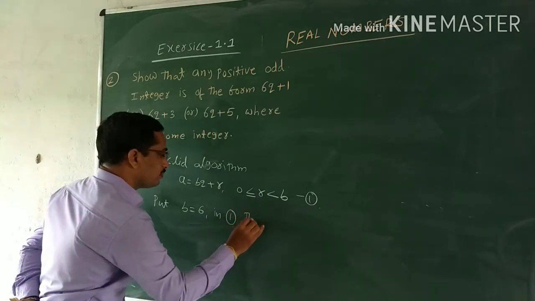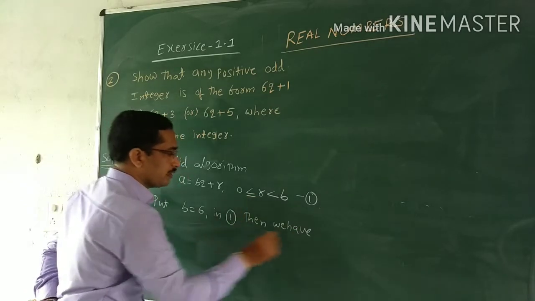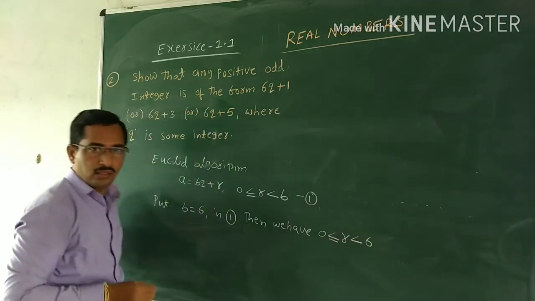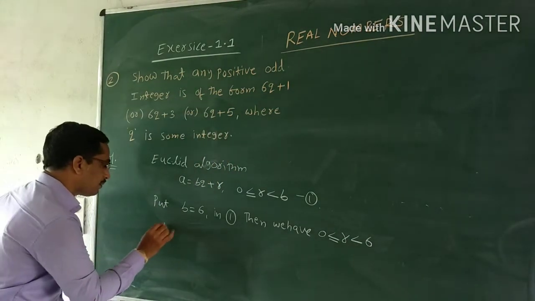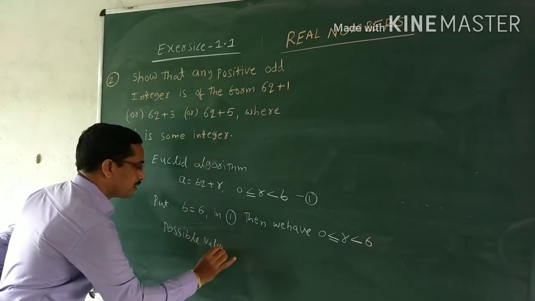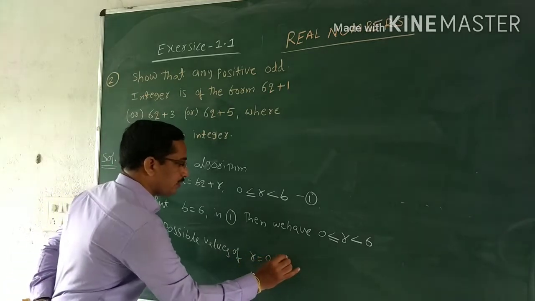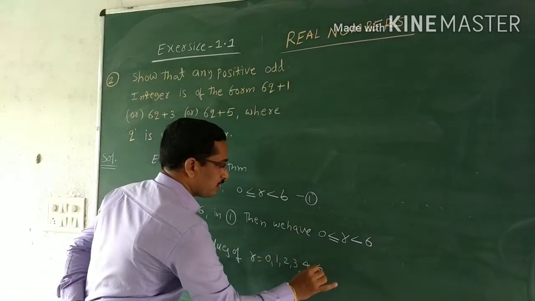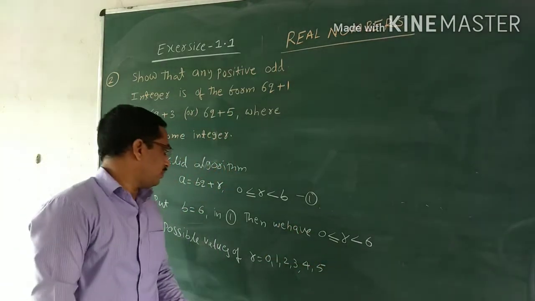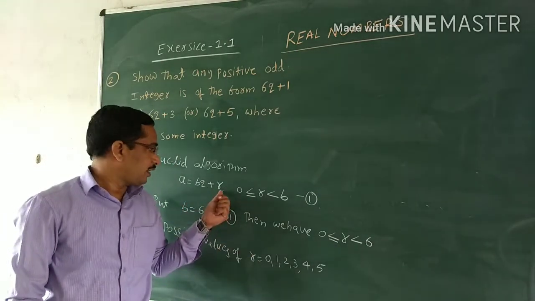Then we have the condition 0 less than or equal to r less than 6. Now what are the possible values of r? Possible values of r equal to either 0, 1, 2, 3, 4, 5. Up to 5 are the possible values of r. Now we have to substitute each and every value and check.